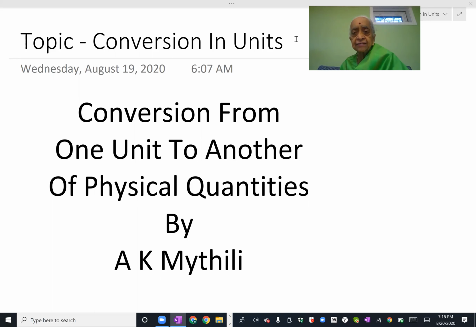The size of an atom is of the order of 10 to the power of minus 15 meters, while the distance between the sun and the earth, that's also a distance, is 1.5 into 10 power 11, positive power. Such a huge value.